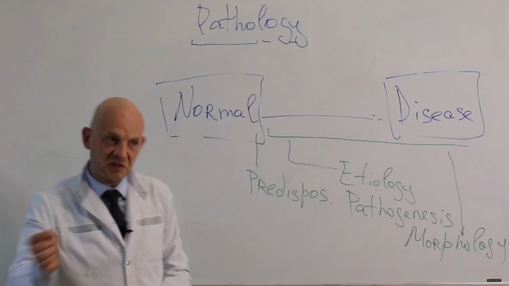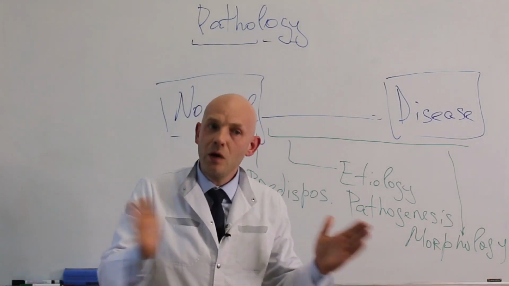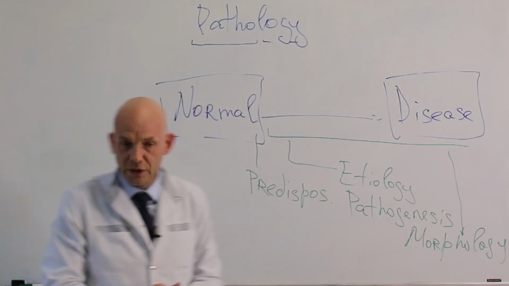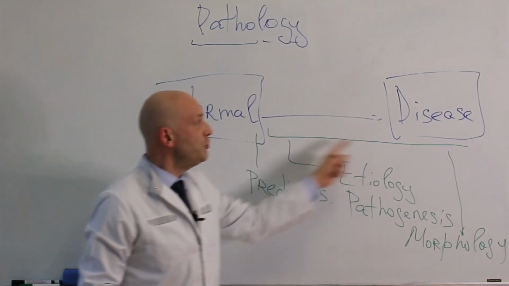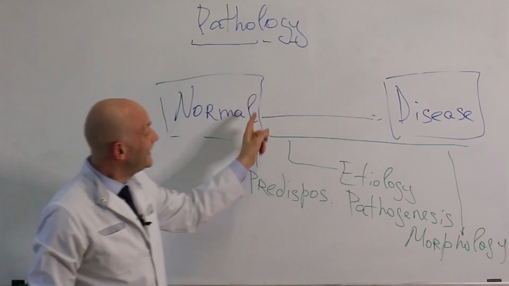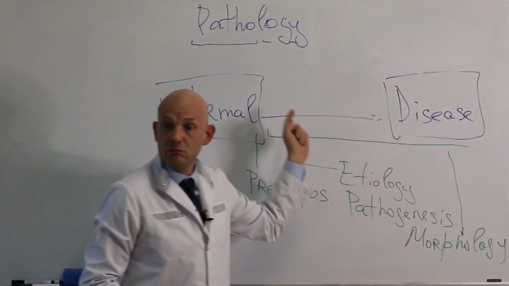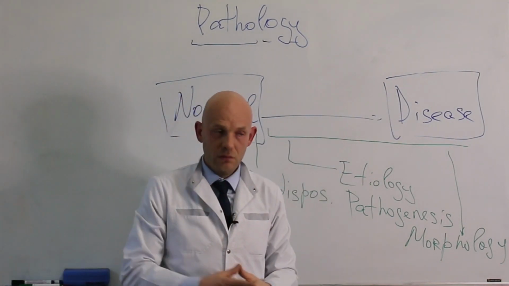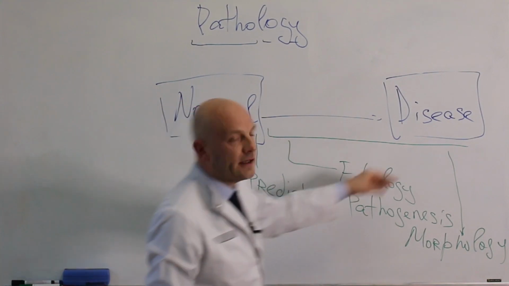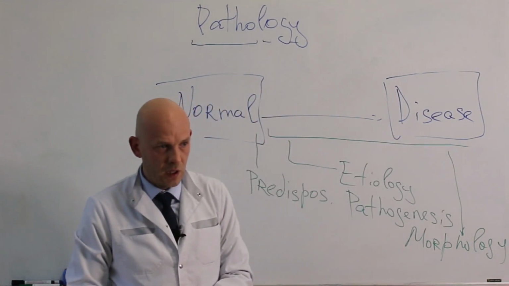Sometimes it's longer, sometimes shorter, but anyway, it takes time, always. And pathology as a subject studies this. It studies the conversion and why the normal state is converted into the disease.